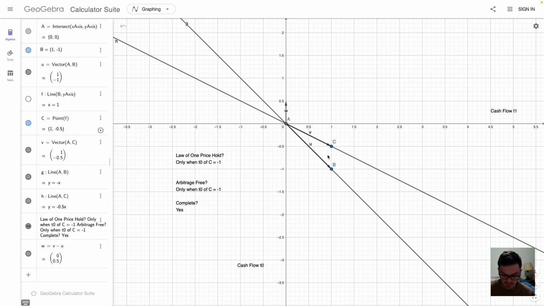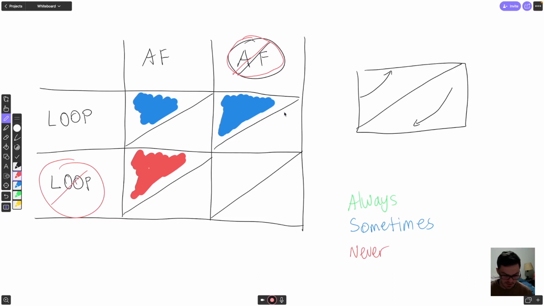And every time the law of one price does not hold, you can always buy the cheaper one and always sell the more expensive one and always get an arbitrage profit. So that is why the law of one price not holding means you are never arbitrage free.